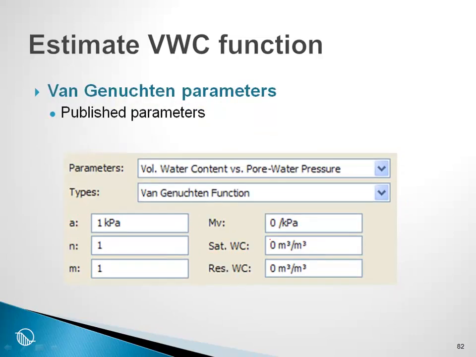The same thing with the Van Genuchten parameters. You specify these parameters, and these are parameterized functions, and you can estimate the volumetric water content function from these published parameters. Often quite convenient if somebody has made some measurements and published these parameters.